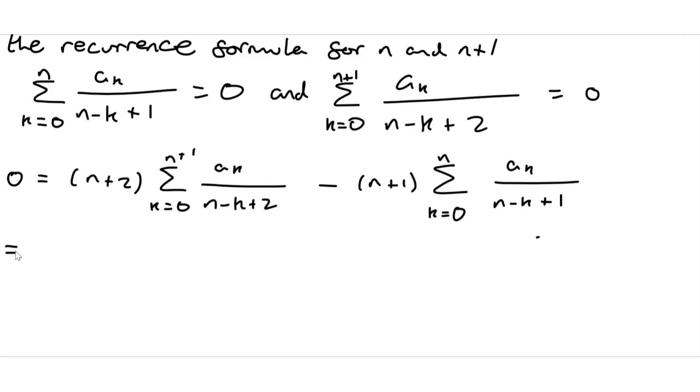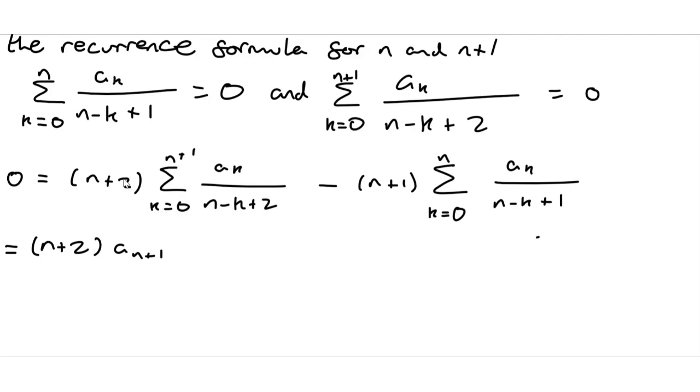So here we get n plus 2 multiplied by a(n+1), because what we want to do is write these both as sums from k equals 0 up to n, so we can combine them. So we just take out the a(n+1)th term, because we can do that. Instead of this being a sum from k equals 0 to n plus 1, it's a sum from k equals 0 to n plus the extra term.